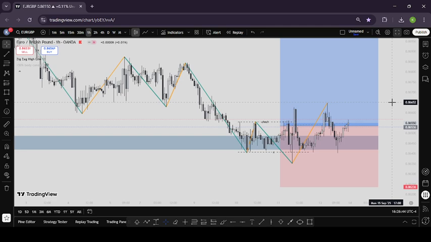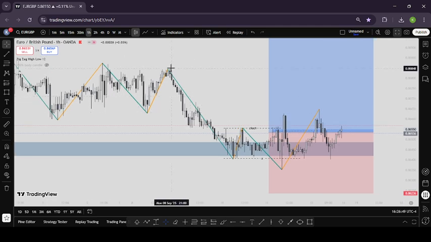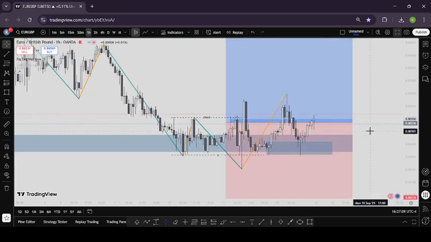So basically, another confluence would be a 1 hour liquidity sweep and a change of structure. Price came back. If you wanted the entry after the change of structure, this demand would have been the ideal zone.